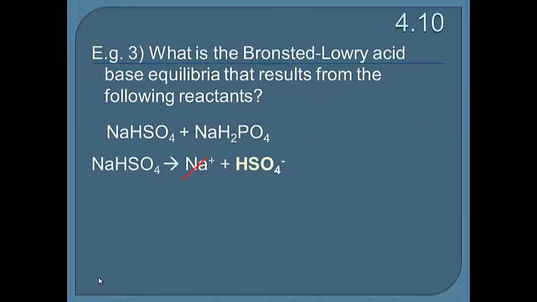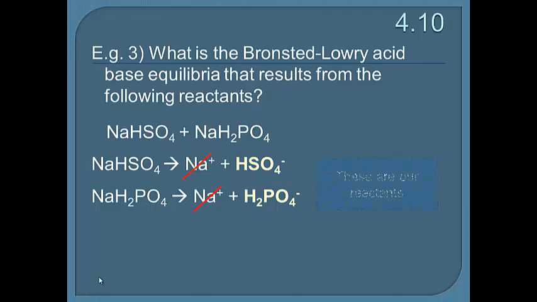So if we write the dissociation equation of NaHSO4, we see that Na+ is produced, HSO4- is produced, but we're not concerned with Na+ because it's a spectator ion. Same thing happens with NaH2PO4. Na+ is eliminated from the overall reaction. So HSO4- and H2PO4- are our reactants in this equation.